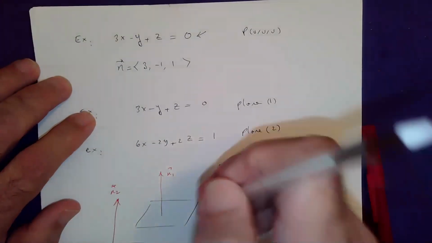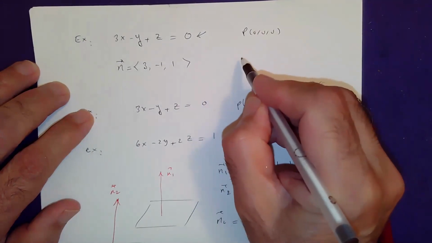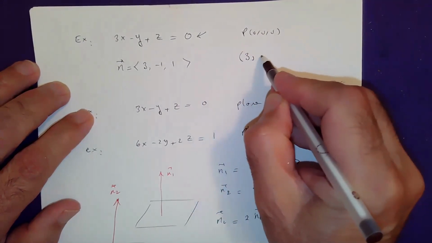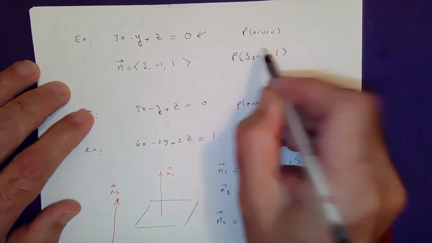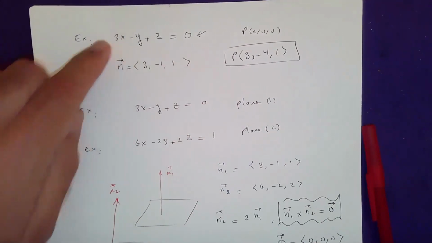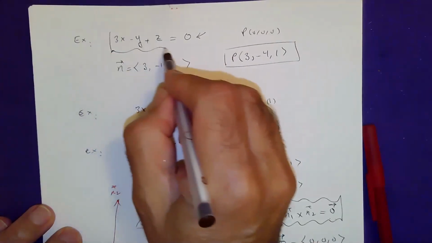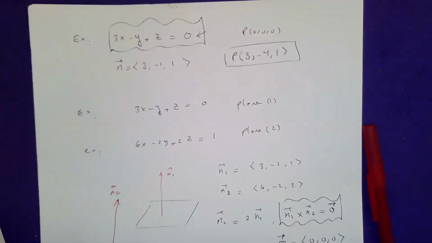Can you guys tell me if this point 3, -4, 1 is on this plane or not? How could you tell if a point is on the plane?